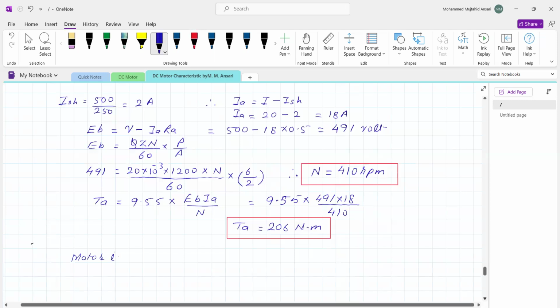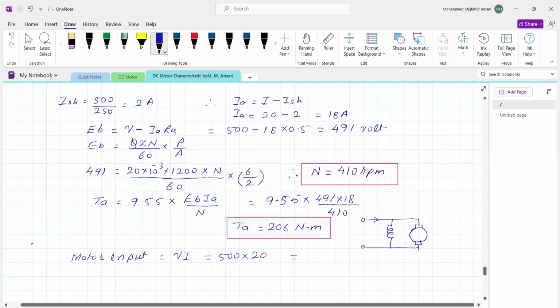Motor input is equal to V into I, so it is 500 volt multiplied by 20 ampere, since the 20 ampere is the total current drawn by the motor, including the armature current.